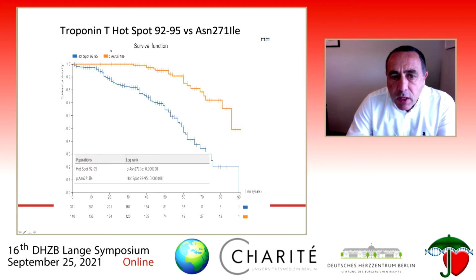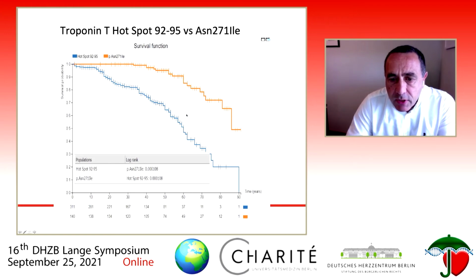This is a mutation, asparagine 271 isoleucine, that has a founder effect in Galicia and Portugal. And you see, with 140 individuals from different families, the survival is very, very good. No death until you are in the 30s, and a much lower incidence of death than the troponin T hotspot. So not all the troponin T are the same.